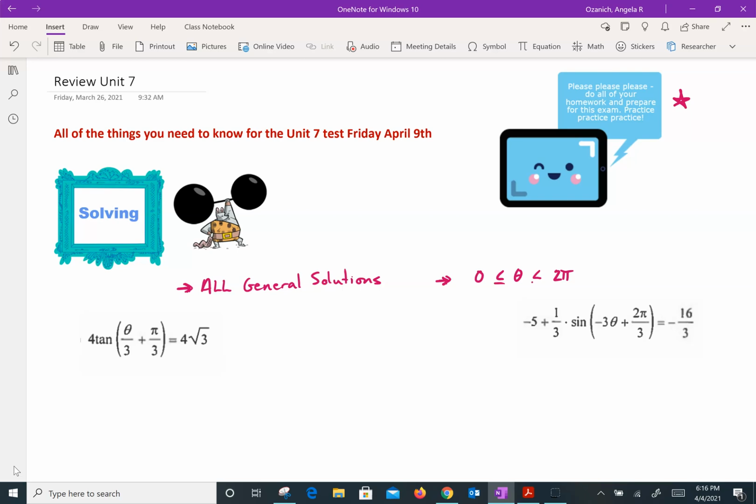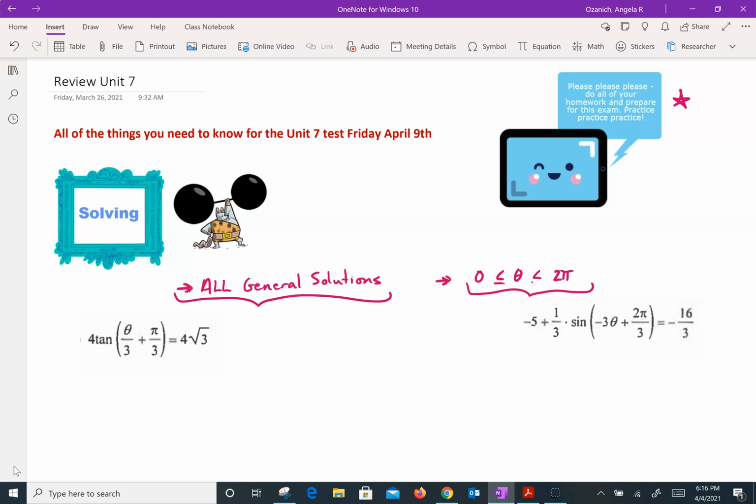Okay, here we go. So solving, we're going to do one with tangent here. We're going to do all general solutions for this problem, and solutions between 0 and 2 pi for the problem right next to it.